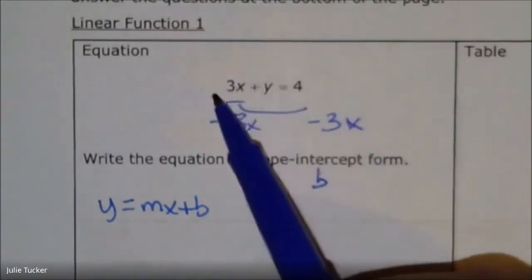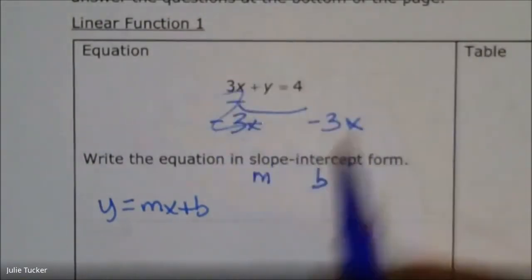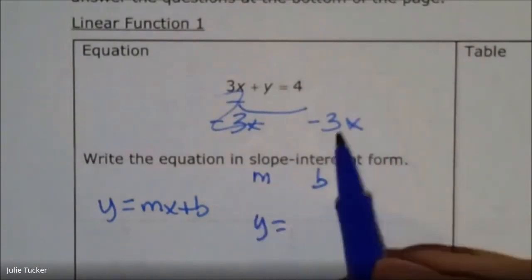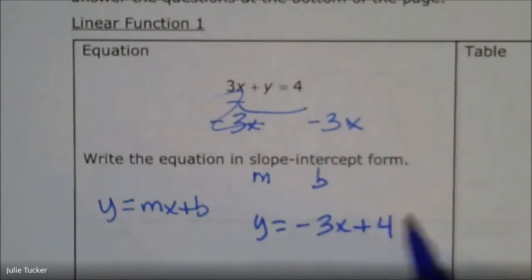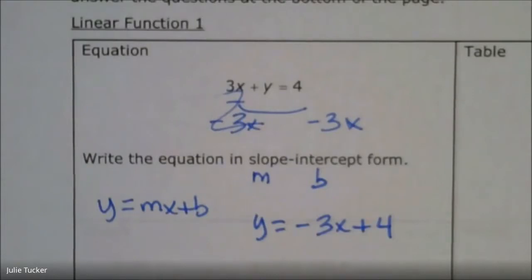And then that will remove it on this side, and you'll be left with y equals negative 3x plus 4. So basically, if you take a term and move it to the other side of the equal sign, you're going to have to change the sign on it. It's going to go from positive to negative. Yeah. Okay.